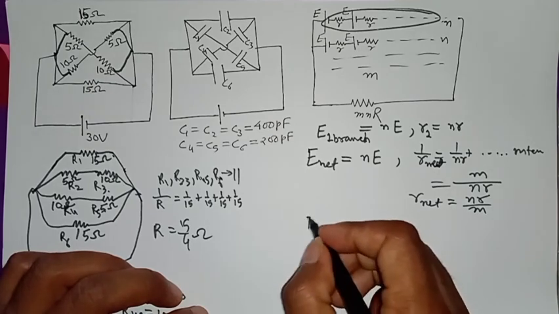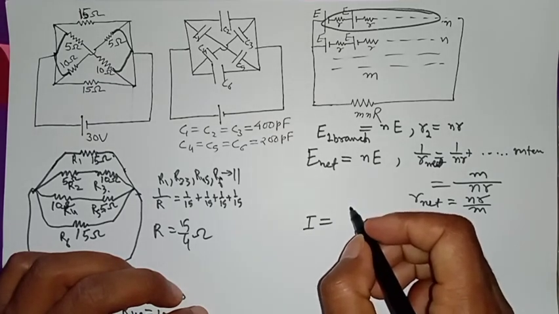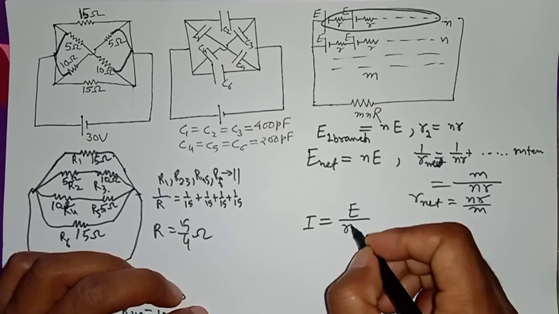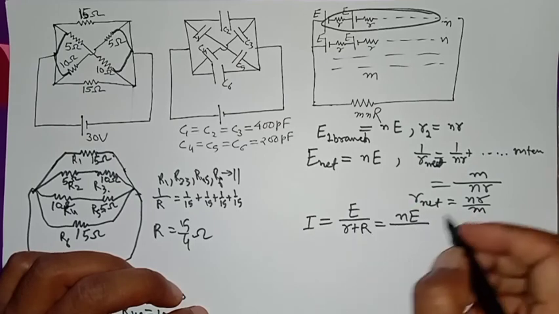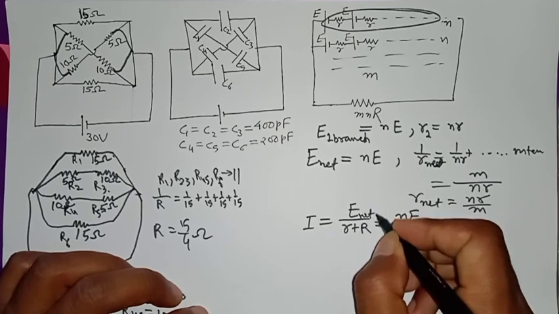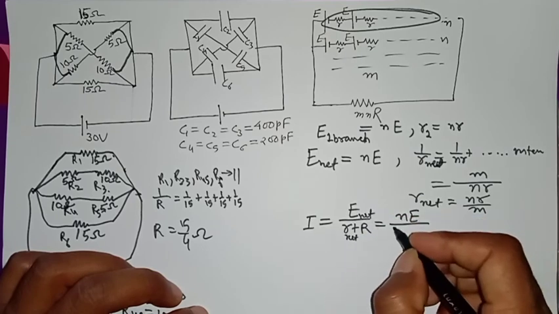And now the current will be E upon R plus R. E is E net, R is R net.